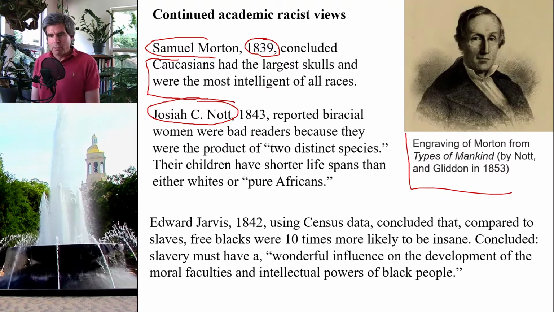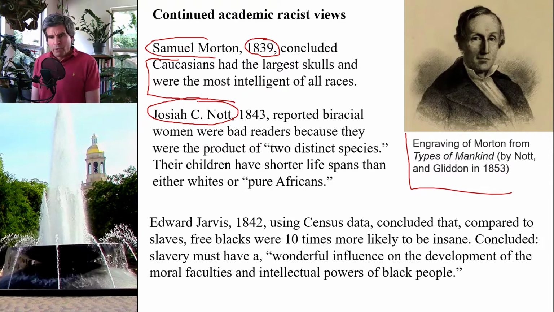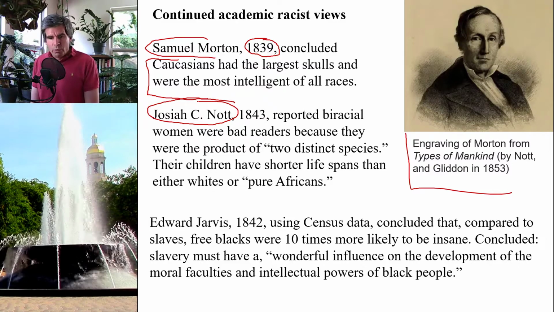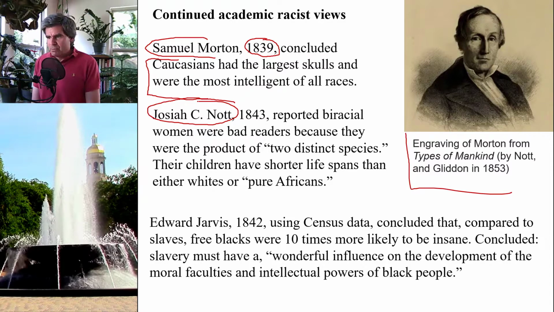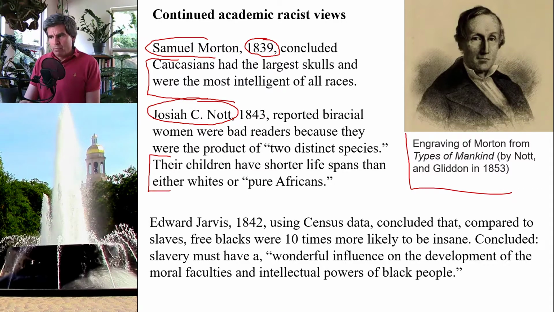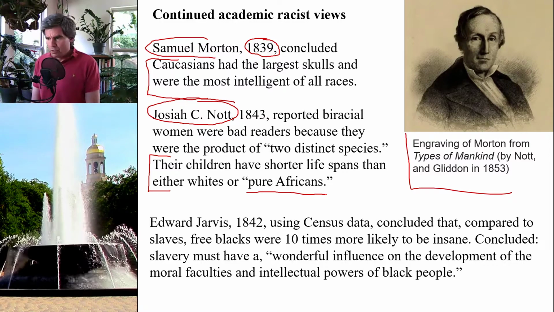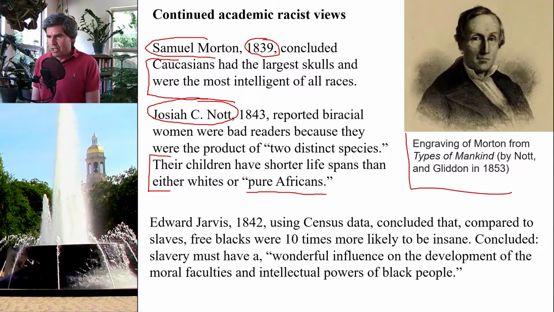So he reported that biracial women, who come from two separate races, were bad readers because they were a product of two distinct species. And he thought that their children then would have shorter lifespans than either white people or pure Africans, as he called them. So that was the idea of Josiah Nott.